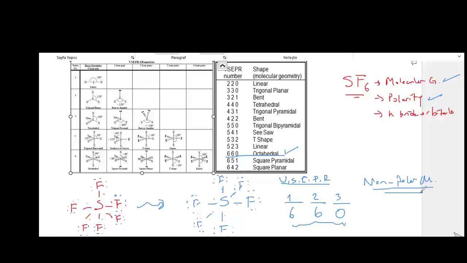Because the sulfur atom has more than 8 valence electrons, it needs extra orbitals to shape its hybrid orbital type.